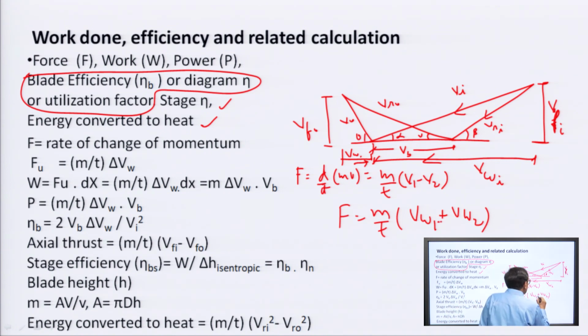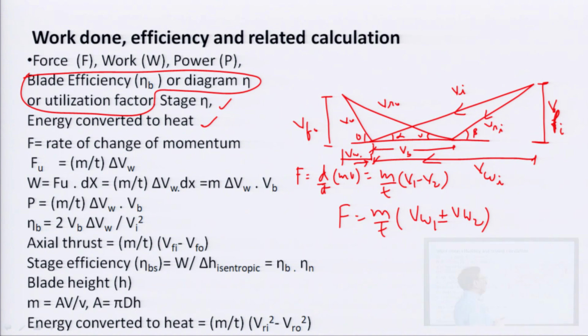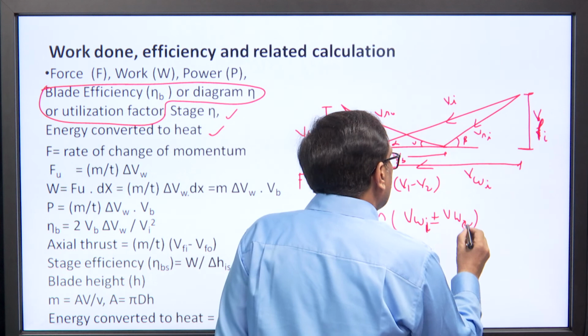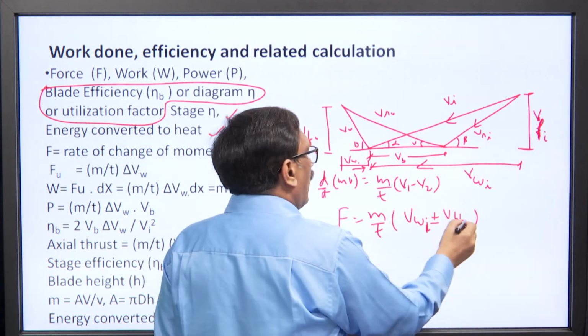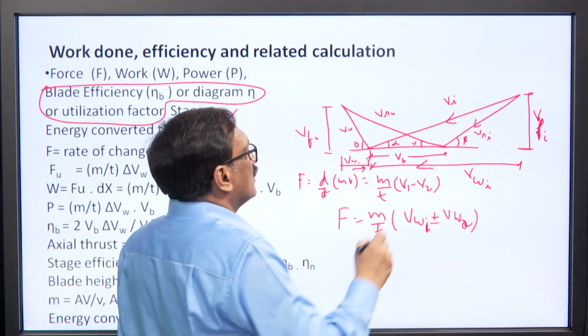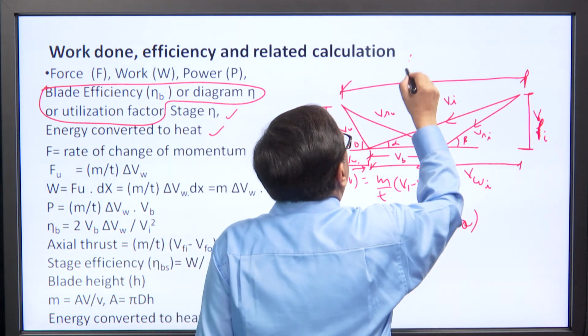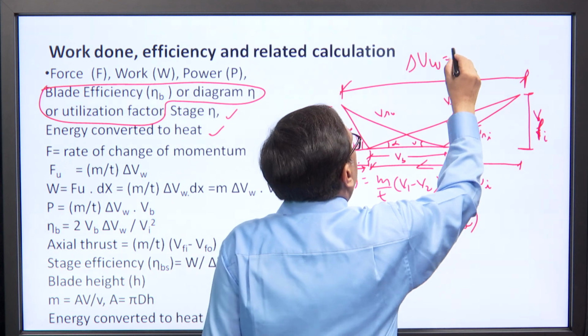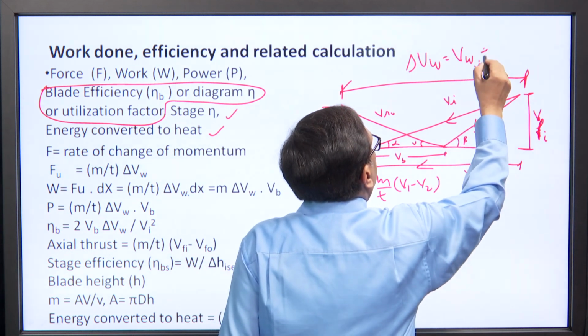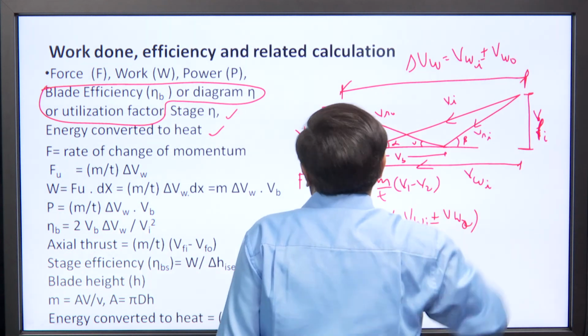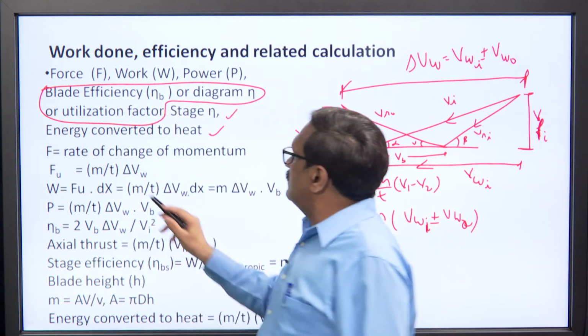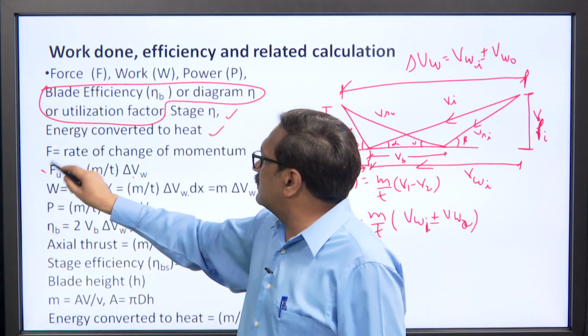So, generally we can write m by T (Vw1 plus minus Vw2), or we can say Vwi plus minus Vwo. This is Vwi and this is Vwo, and the horizontal distance between these two peaks is delta Vw, which is nothing but Vwi plus minus Vwo. So, the force is m by T delta Vw, and this is in the direction of the wheel.